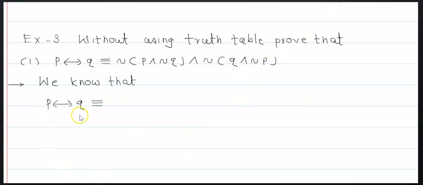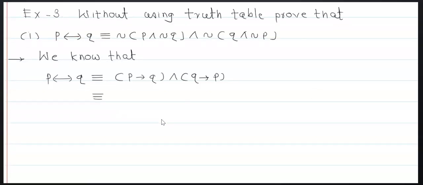Now see this, the double implication. For the double implication, P implies Q and Q implies P. Therefore, P implies Q can be written as negation of P or Q, and negation of Q or P. This is the conditional law.